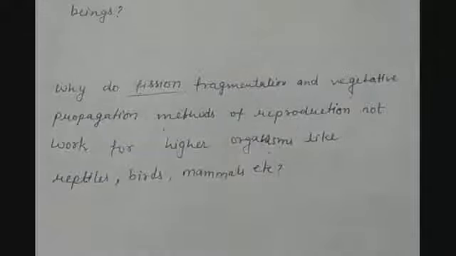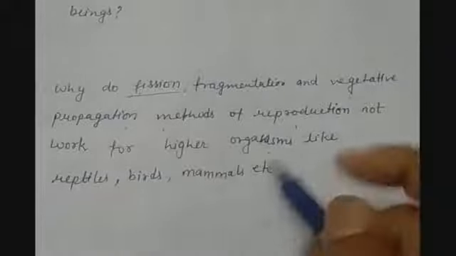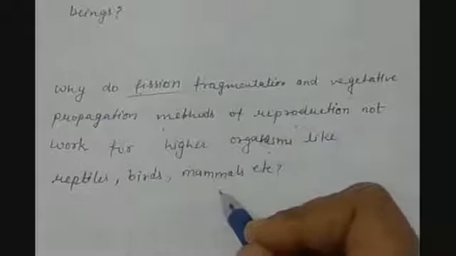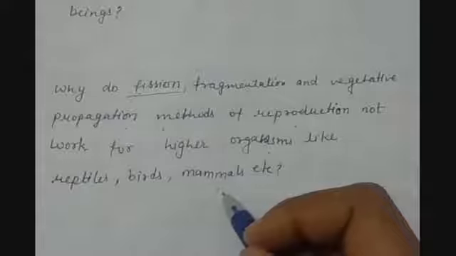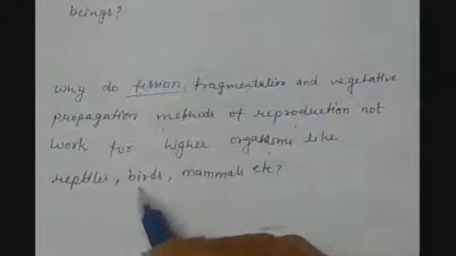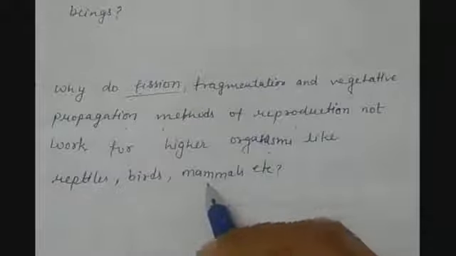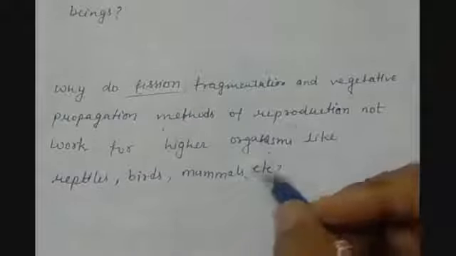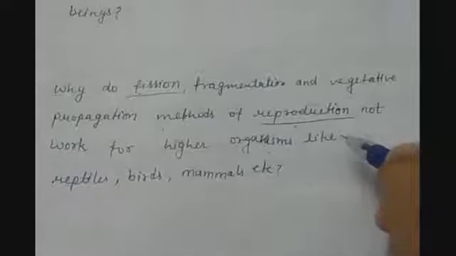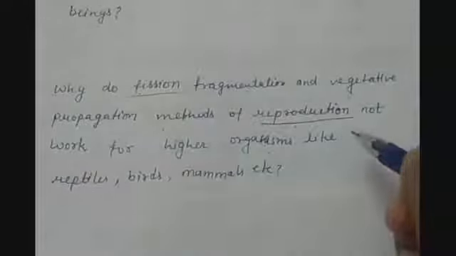Cells combine together to form a tissue. Tissues combine together to form an organ. So here the cells or groups of cells are dedicated to perform a particular function. So in highly organized structures like reptiles, birds and mammals, reproduction is also performed by some special cells or a group of cells.